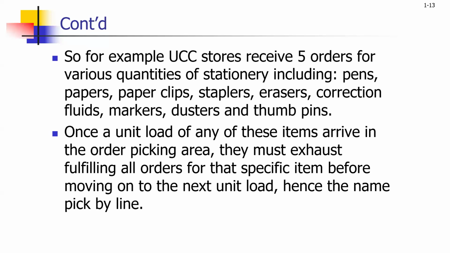We must exhaust fulfilling all orders for that specific item before moving to the next unit load. So when an item comes, we have to make sure we finish everything for correction fluid, then we move to the next item until we get to the end.